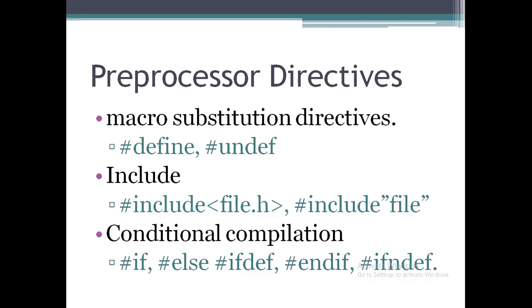These are related to our pre-processor directives. We have already worked with hash define and hash include header files, so the same concept with some extension we can discuss here. Next, macro substitution directives.